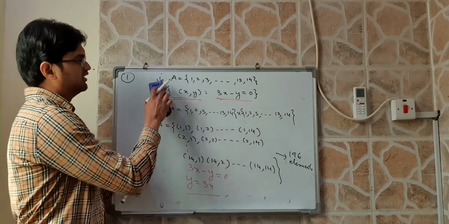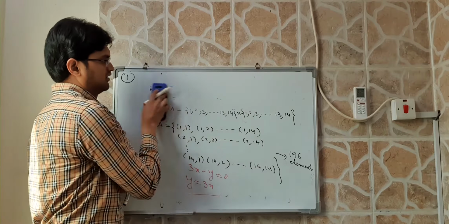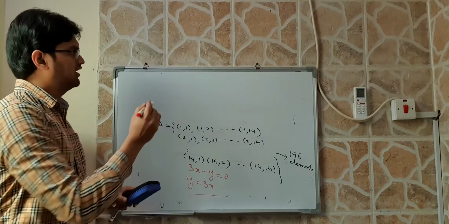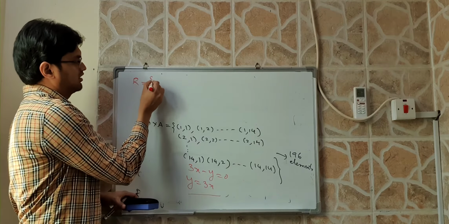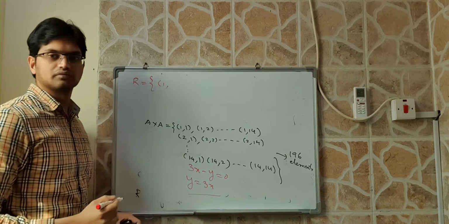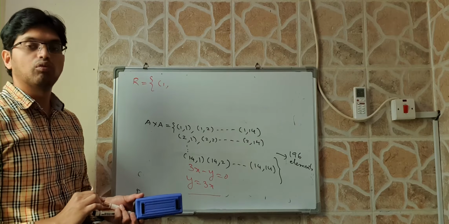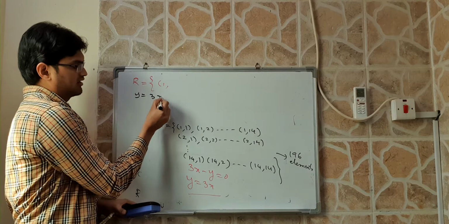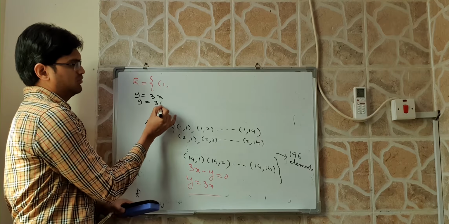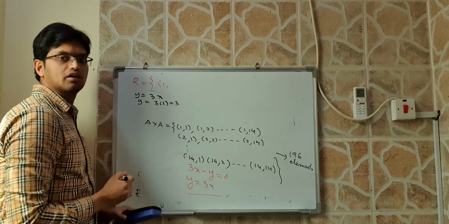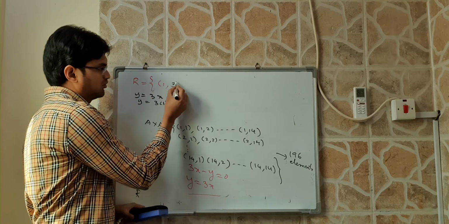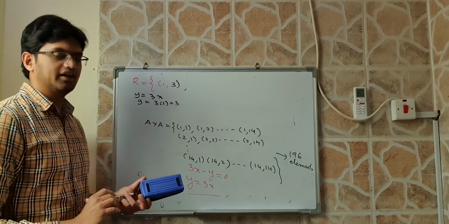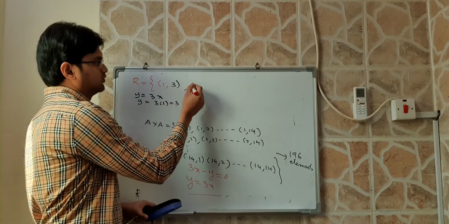Now let me select. Suppose I have taken x as 1 in R. What should be the value of y? Since y is 3x, y is 3 times 1, which is 3. So I get (1, 3). Next, let us select x as 2.